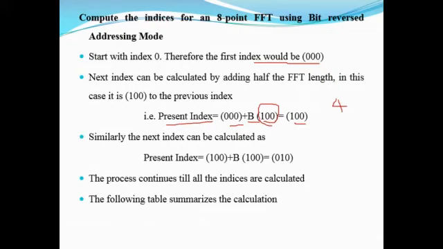Similarly, if I consider the present index is 4, I can find the next index. So 4 plus the binary value of the FFT size. The FFT size I have used here is 8, for an 8-point FFT, so half of it is 4.